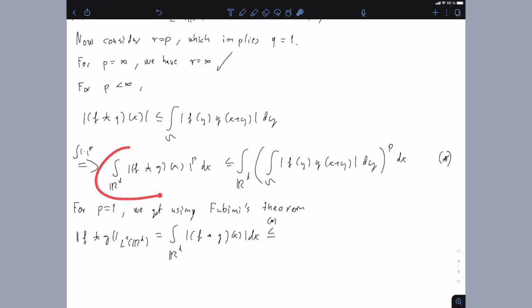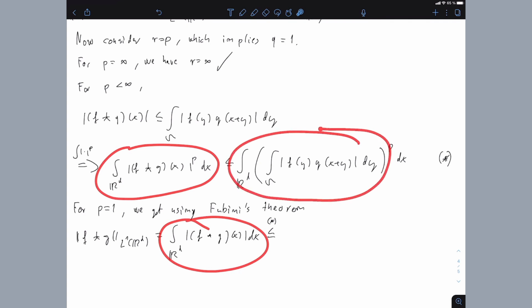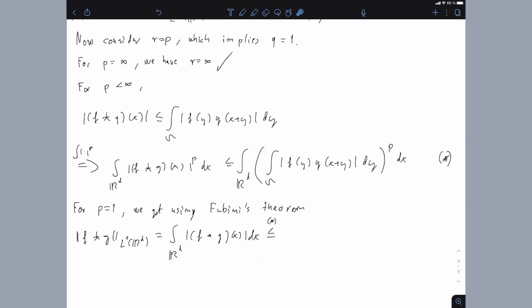But now this object is again here. We have chosen P equal to 1, so we can use this estimate from above. But now I already make a few changes. I think there's actually a typo.